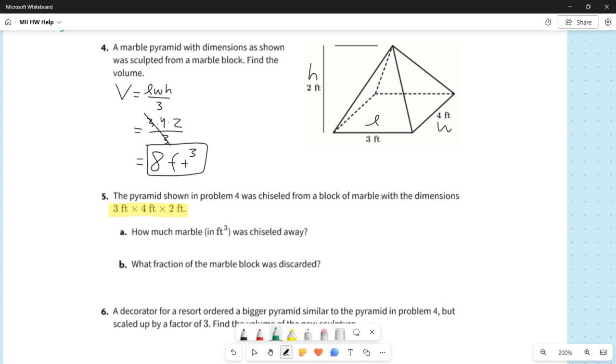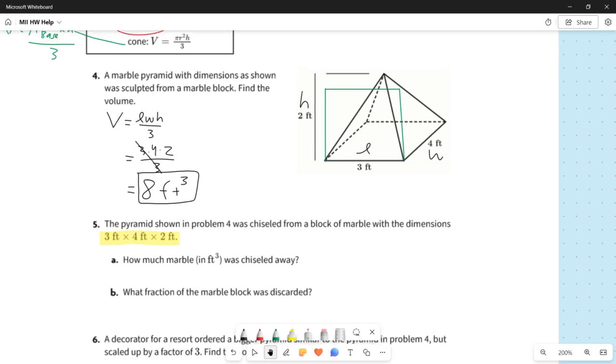Let's see if this works out or not. So the original block, what would this look like? It would look something like this. Scroll up a little bit.